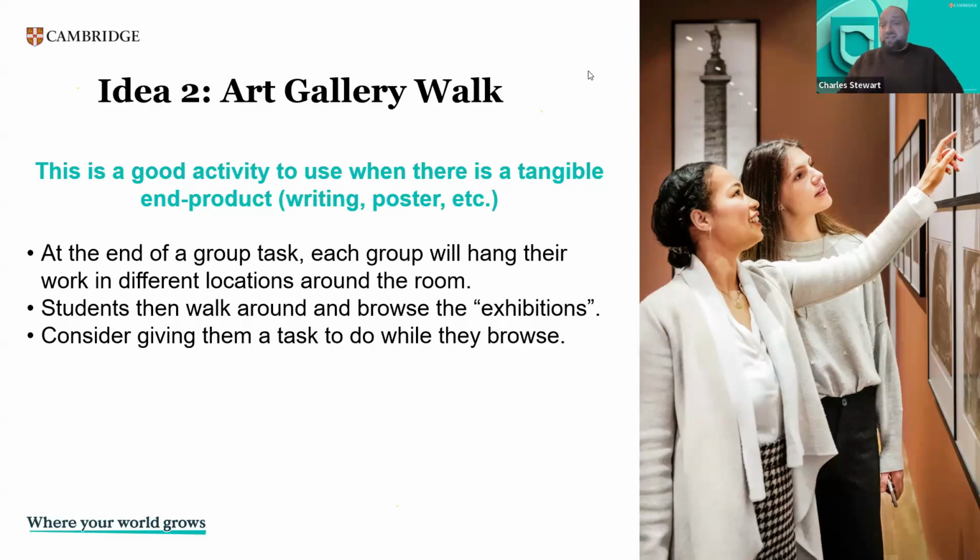And what you do with this is each group does a writing, or each group makes a poster. You take them up and you hang them around the room. And then the students in their groups will go from one to the next, to the next, to the next. And they're looking at what the other groups have done and they're discussing it with their partner.